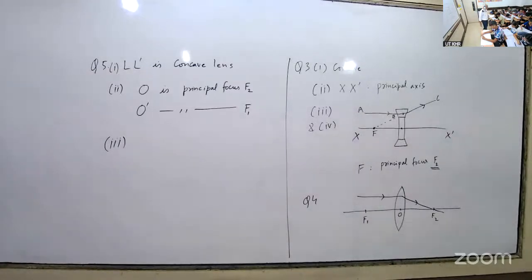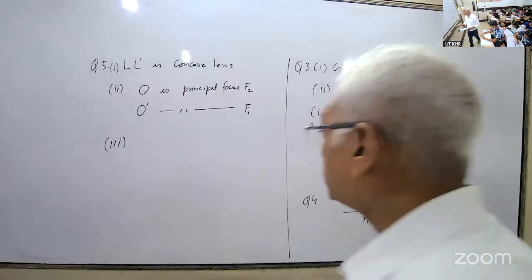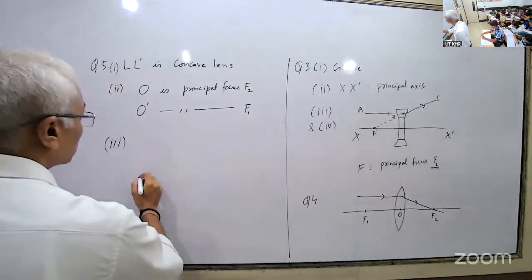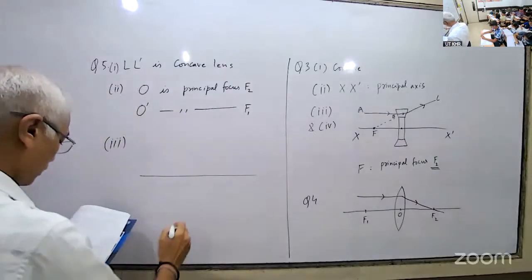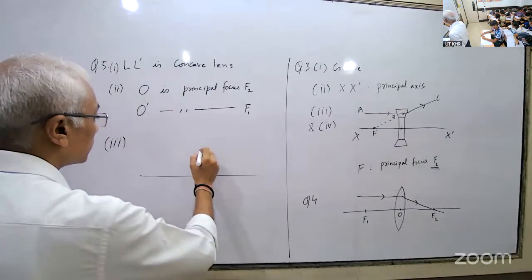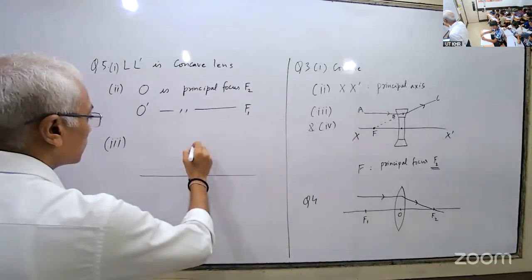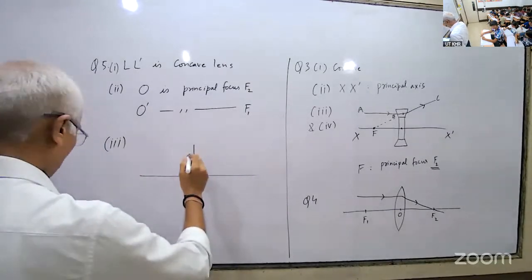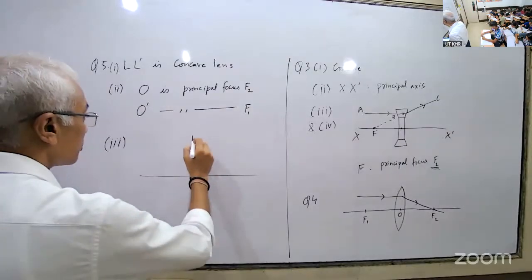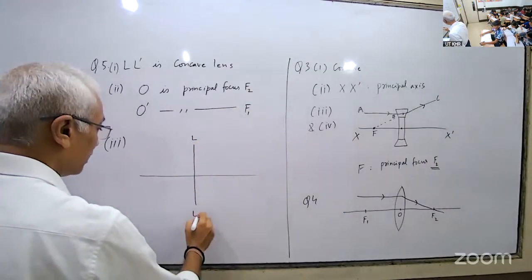Which other ray will you require to complete the diagram? So here the lens is shown as only line LL dash.